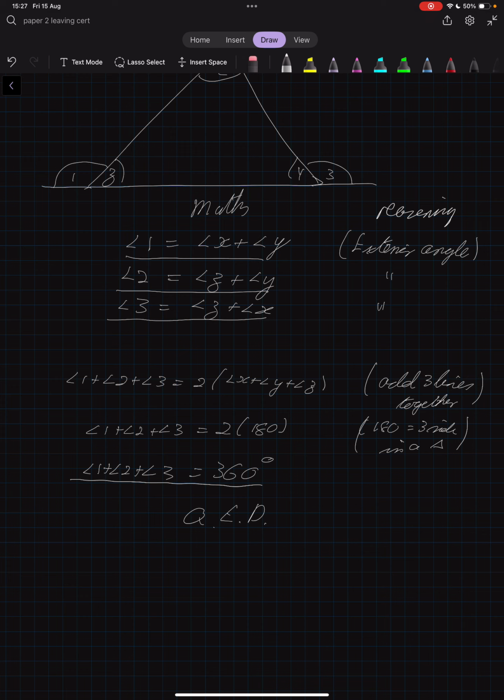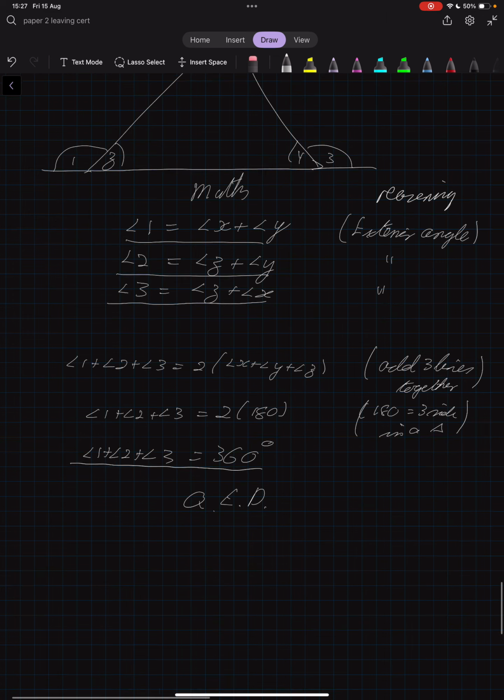All right, we're almost finished this chapter, which is, I'm surprised how fast this is going. Okay. Very last one is similar triangles. Okay, and these personally I find the hardest. So it could be something like this.